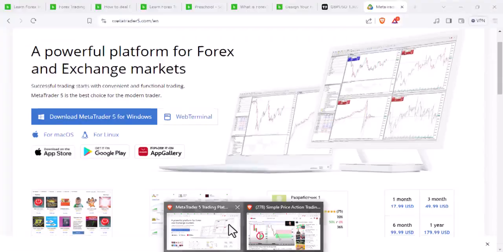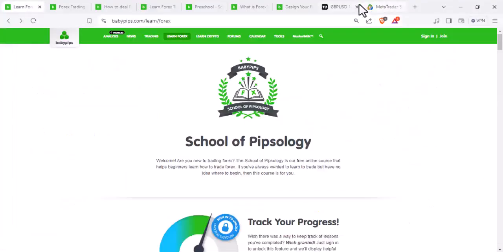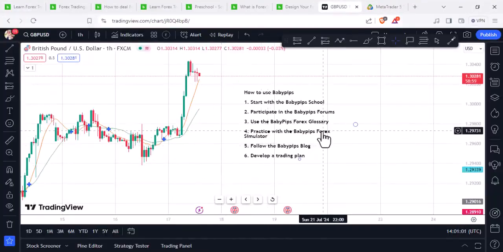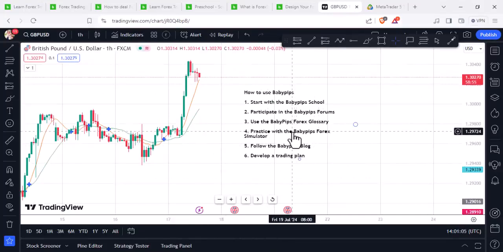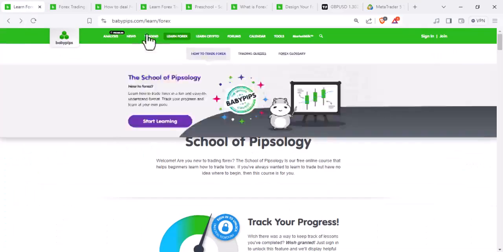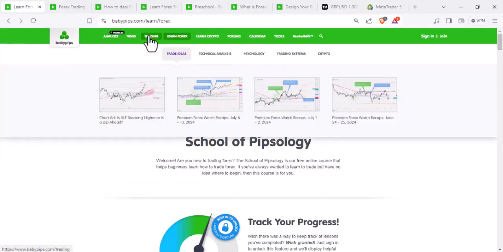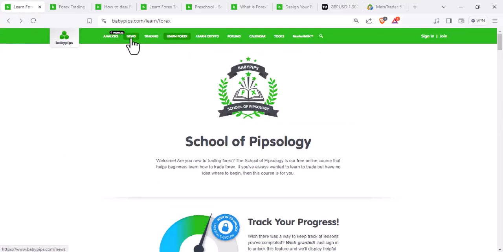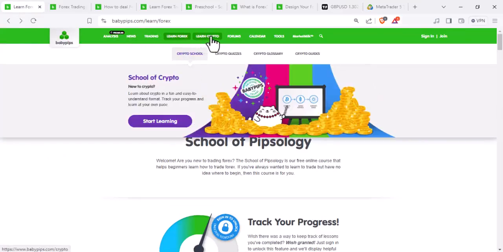Now let's move to the next point we have to consider in order to use Babypips effectively. The fifth point is that you want to follow the Babypips blog. You can go back to the website and look for the blog. Where is it again? I think it's on the news here, if I'm not mistaken.